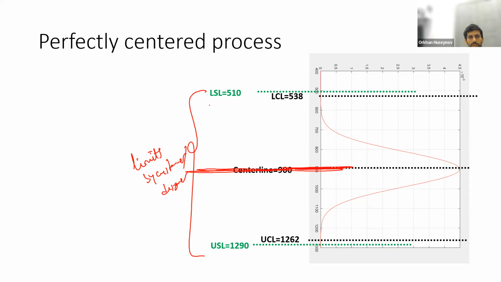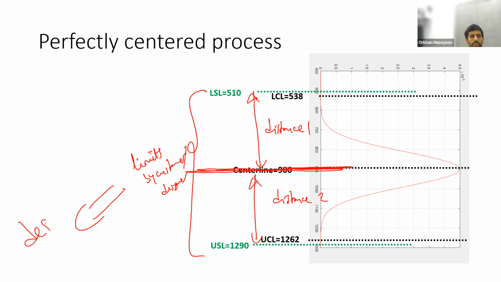And this one you can see here is perfectly centered: the distance here and the distance here, say this distance 1 and this distance 2. You can see it is perfectly centered, which is good. So we are in the range that the customer wants. This is desirable. This is a perfectly centered process.